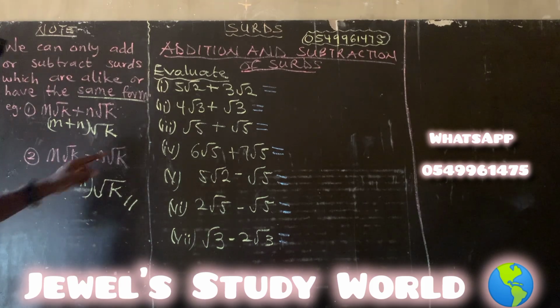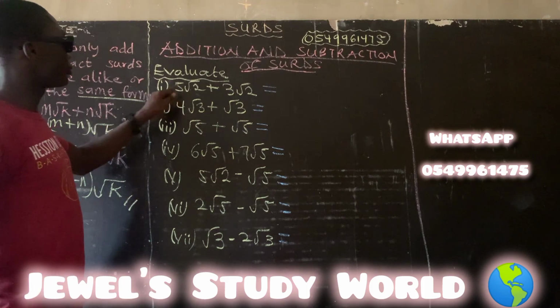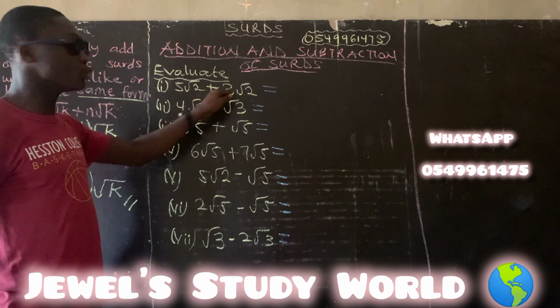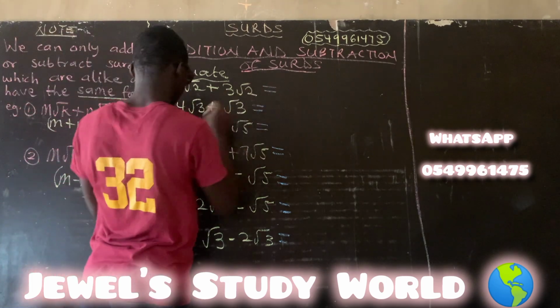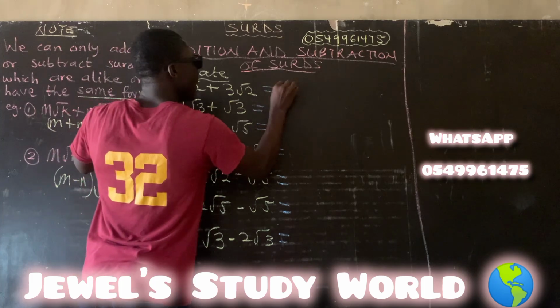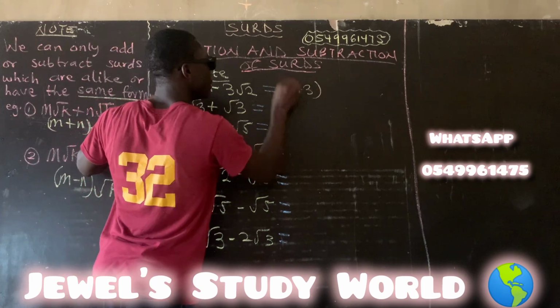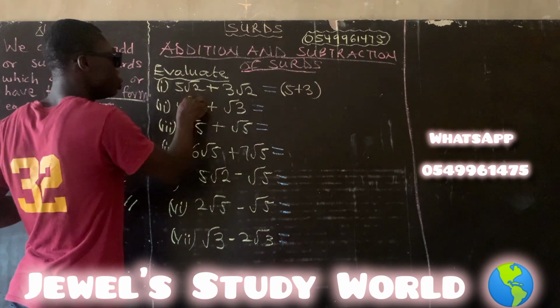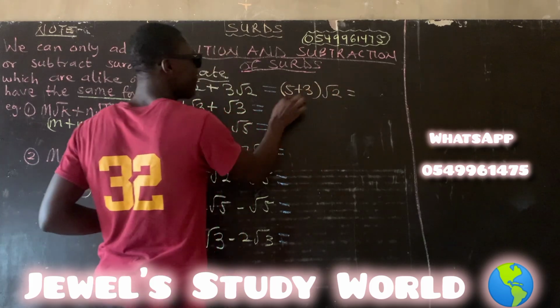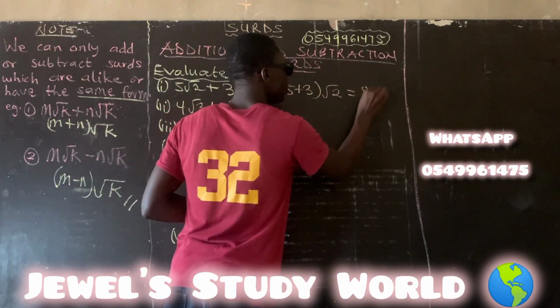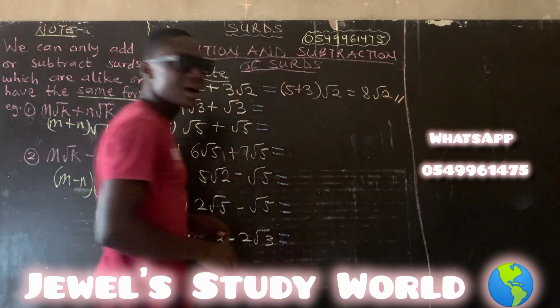The same procedure. So we have 5 root 2 plus 3 root 2, which is equal to 5 plus 3, then root 2. So 5 plus 3 gives us 8 root 2 as our final answer.